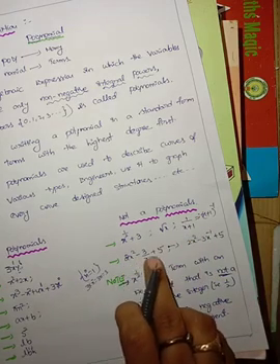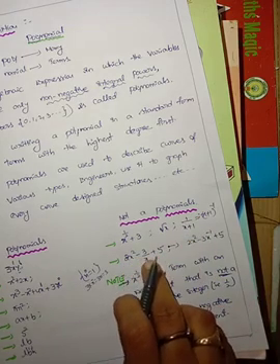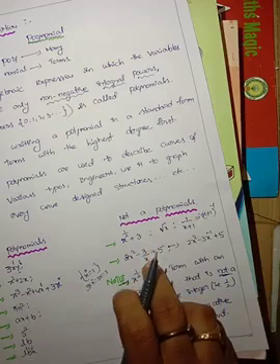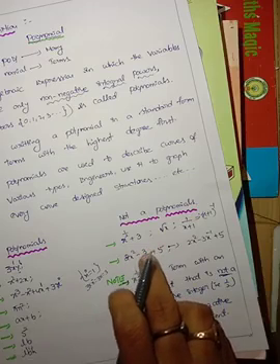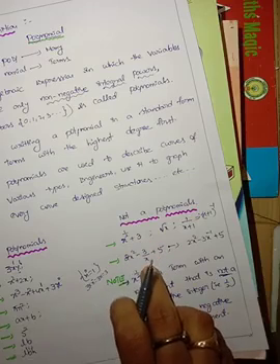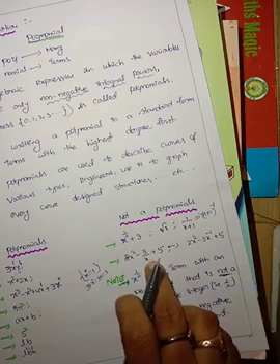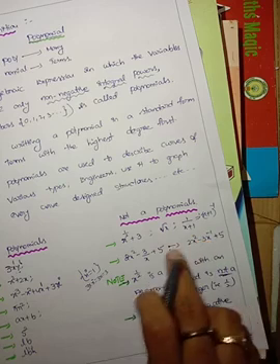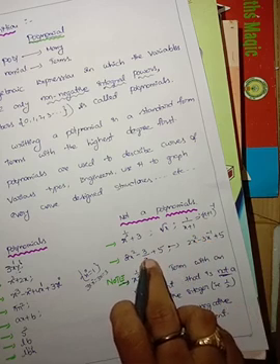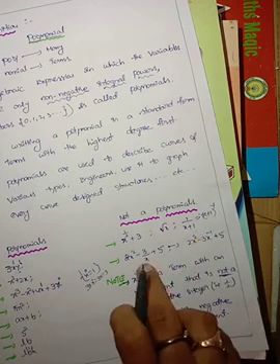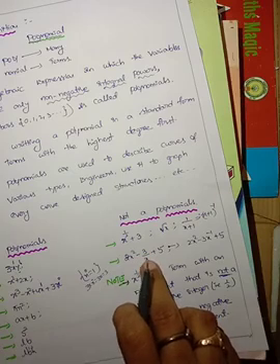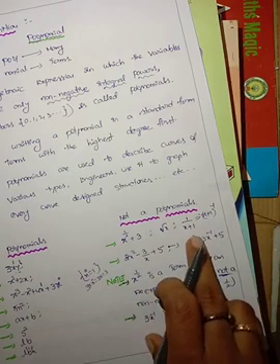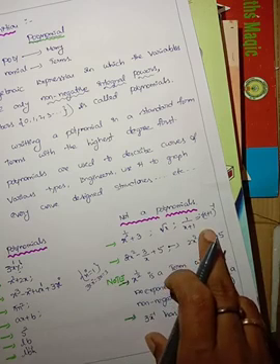2x square minus 3 by x plus 5. Here x is not in the numerator place. It is in the denominator. When the denominator place goes to the numerator place, then the power of x becomes negative. Here 3 by x means x power 1, so it can be changed into 2x square minus 3x power minus 1.